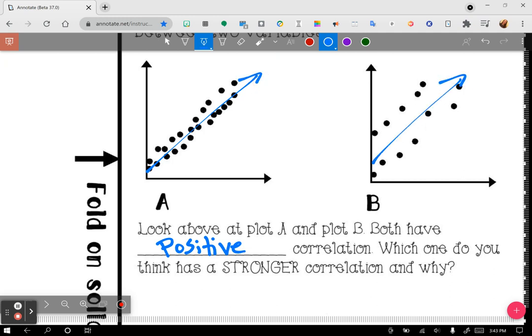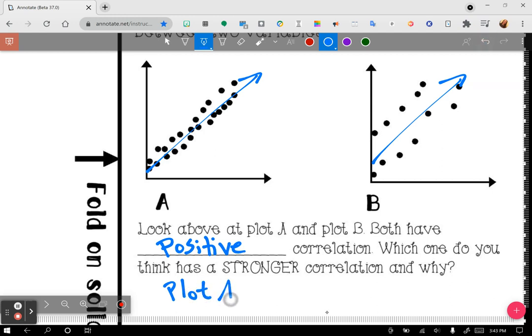Which one do you think has a stronger correlation and why? Think about that for a second.